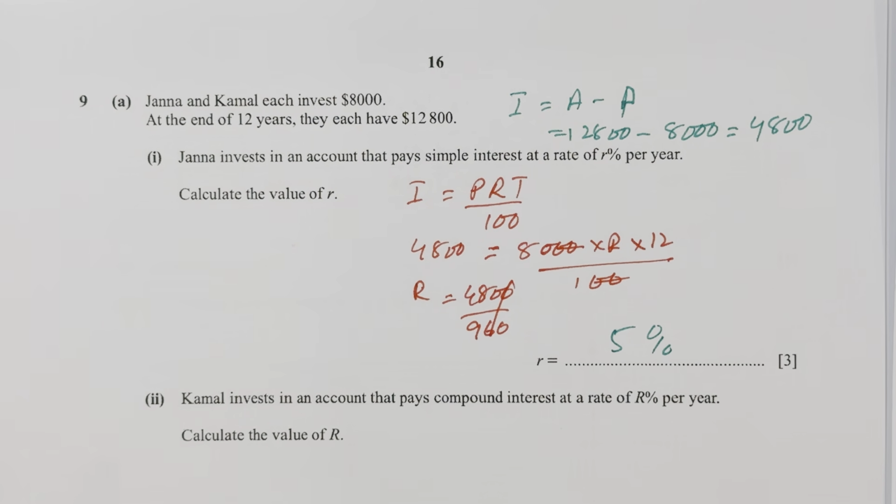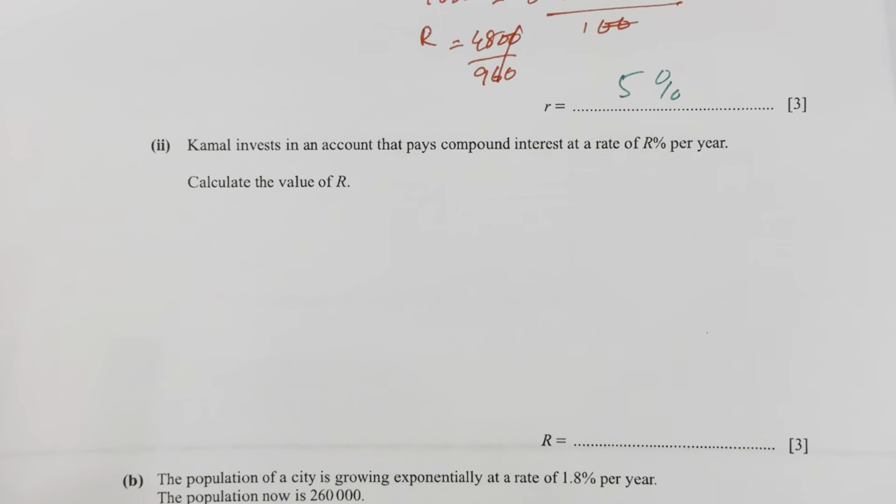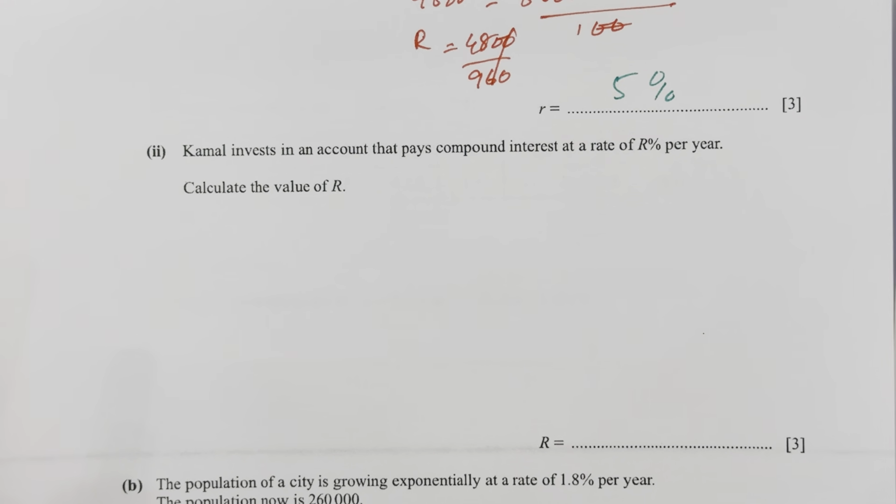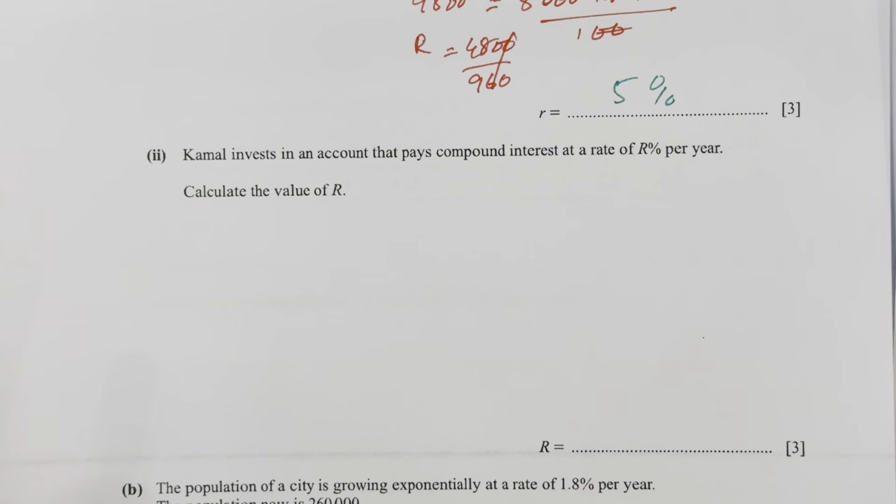Moving to the next part, Kamal invests in an account that pays compound interest at a rate R% per year.